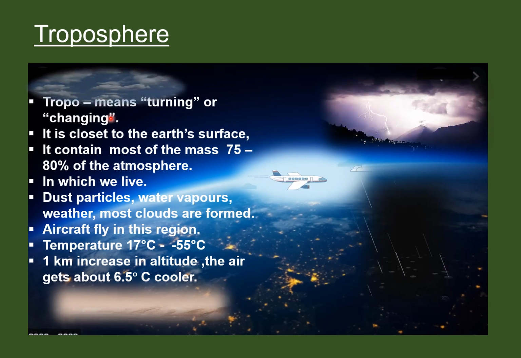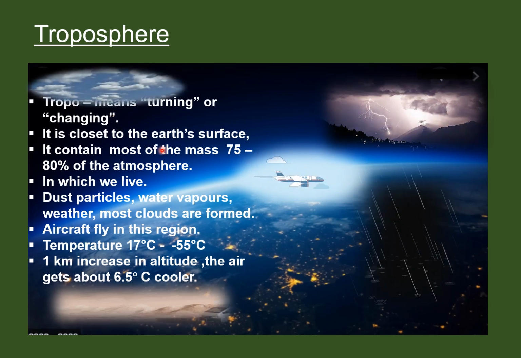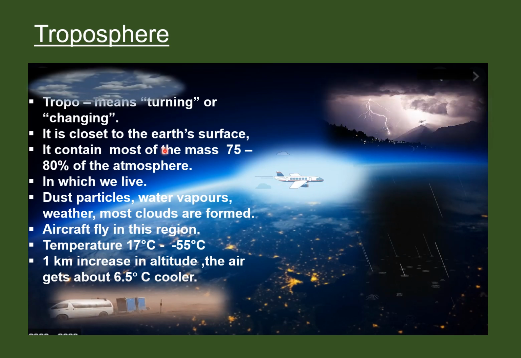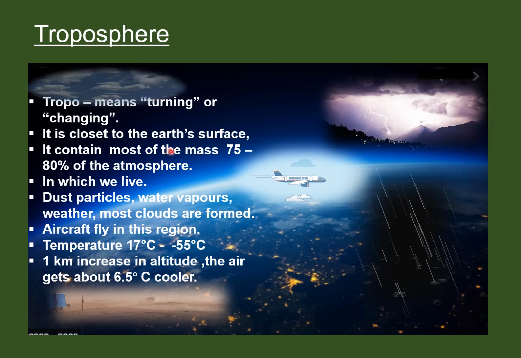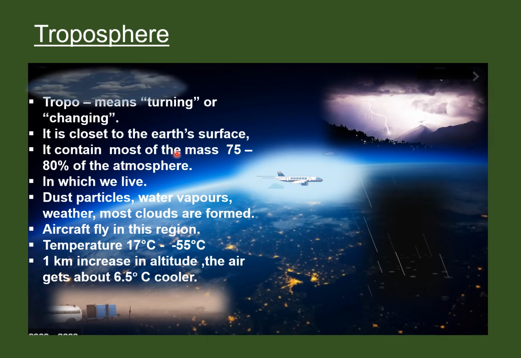This layer is closest to the Earth's surface. It contains most of the mass of the atmosphere, about 75 to 80% of the atmosphere. This is the layer in which we live.